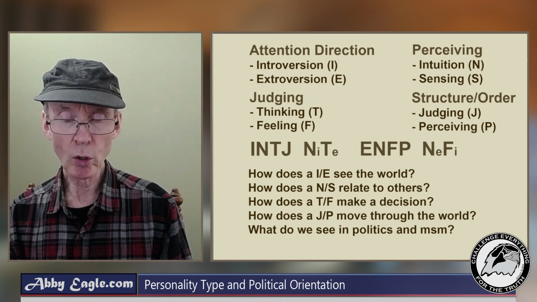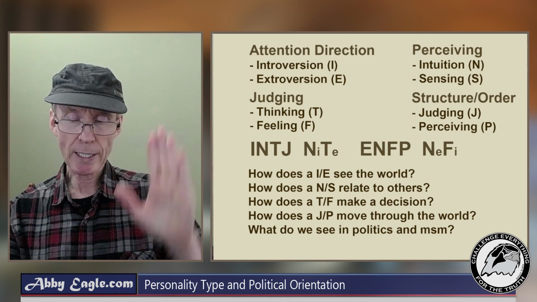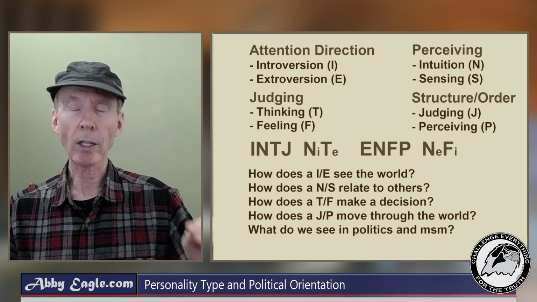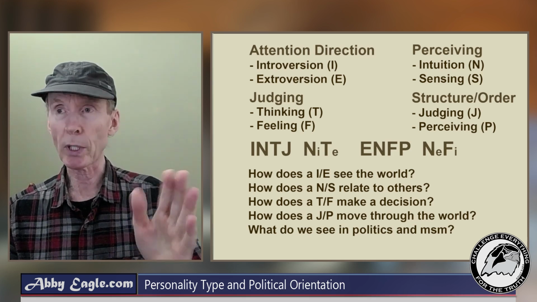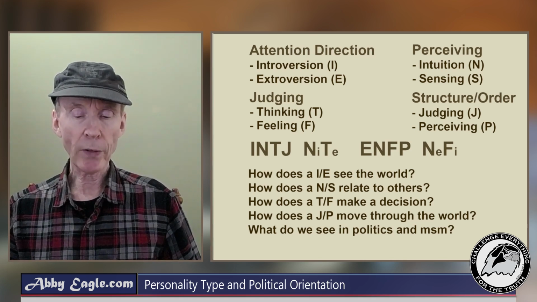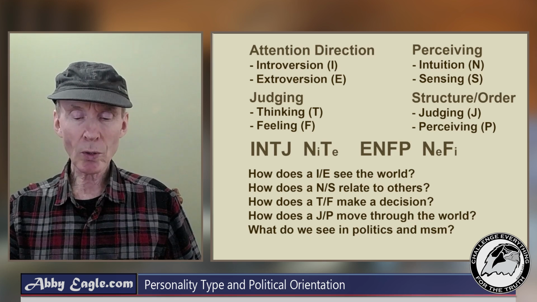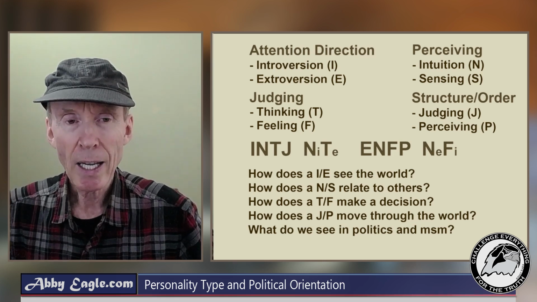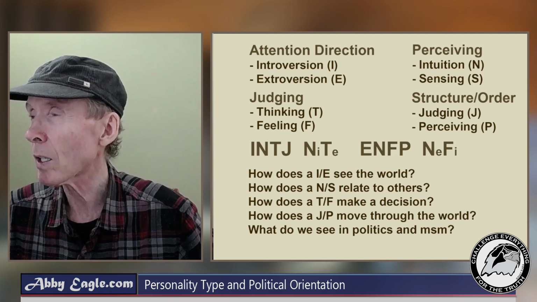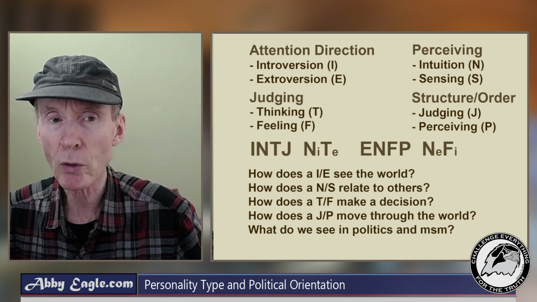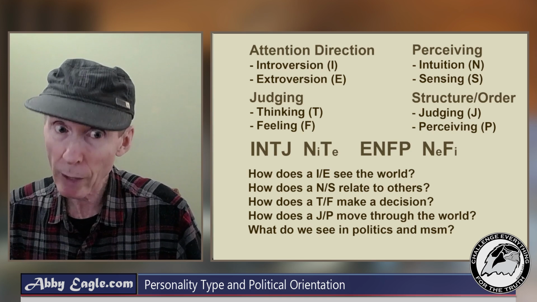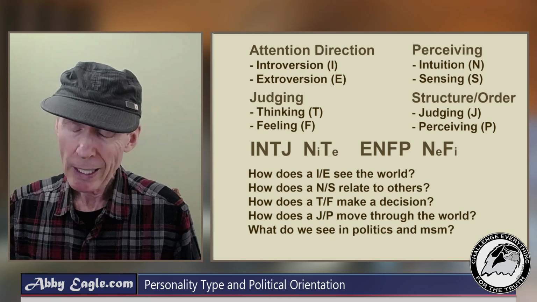So you look at the differences between intuition and sensing, and you can go online. It's really interesting. You do a search for Myers Briggs political orientation or political preference, that sort of thing. It's really quite fascinating. What you get is the sense that the sensors are more willing to face the truth, but the intuitors, now I'm an intuitor, but I really want the truth, right?